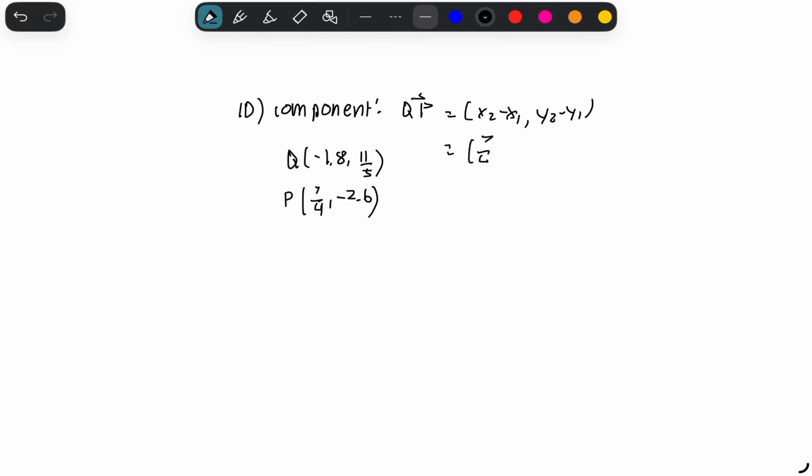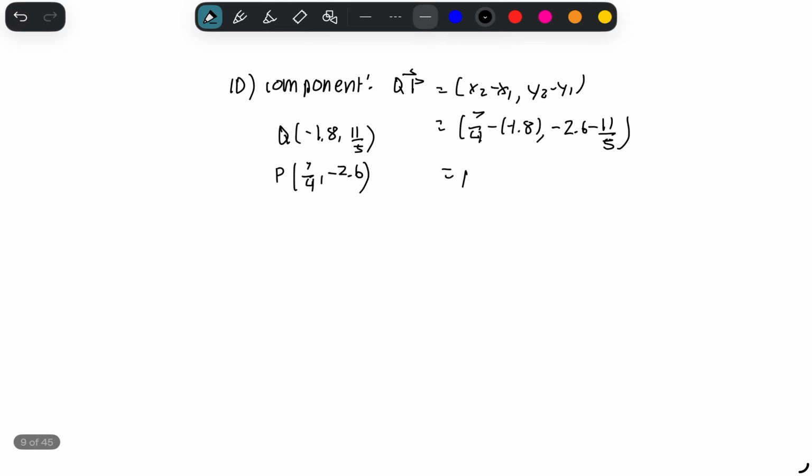You have 7/4 minus negative 1.8, and negative 2.6 minus 11/5. Negative 1.8 as a fraction is negative 9/5, then this is 7/4, and negative 2.6 we can deal with as negative 13/5. So this becomes minus 11/5.